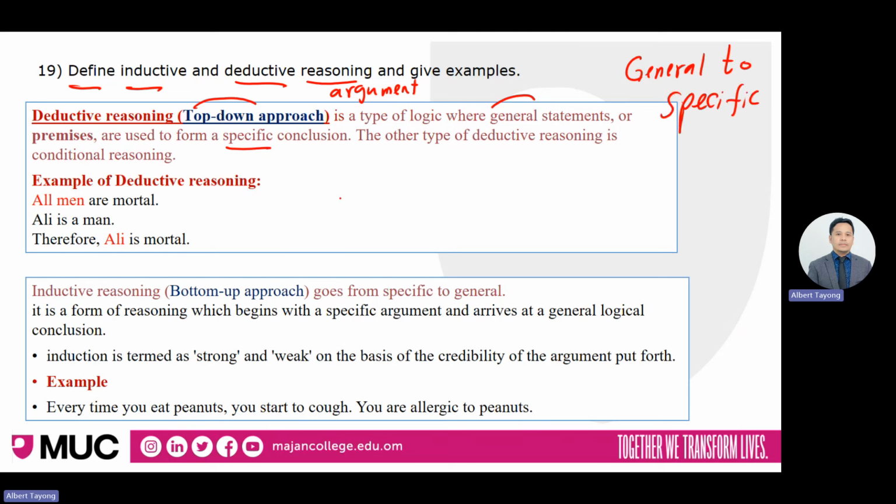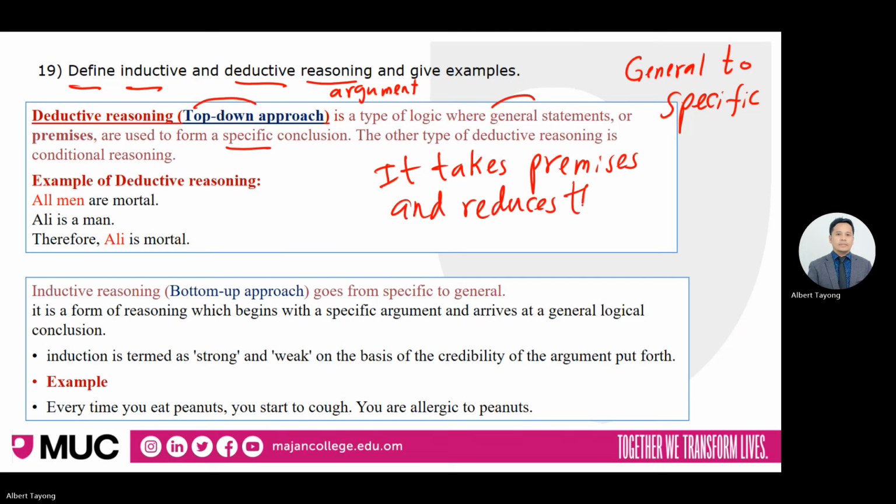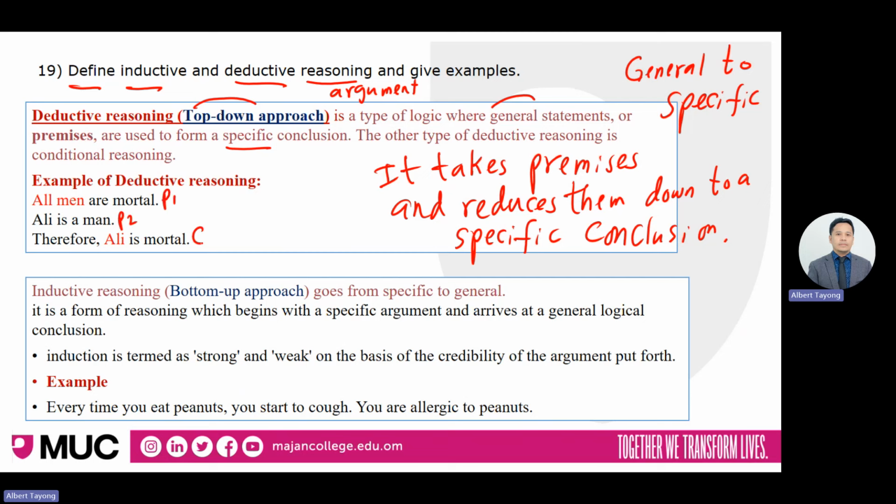So basically we say it takes premises and reduces them down to a specific conclusion. That is deductive argument. We're going to start with premise 1, premise 2, and then the conclusion. So all men are mortal. Ali is a man, therefore Ali is mortal. This is an example of deductive argument or deductive reasoning.